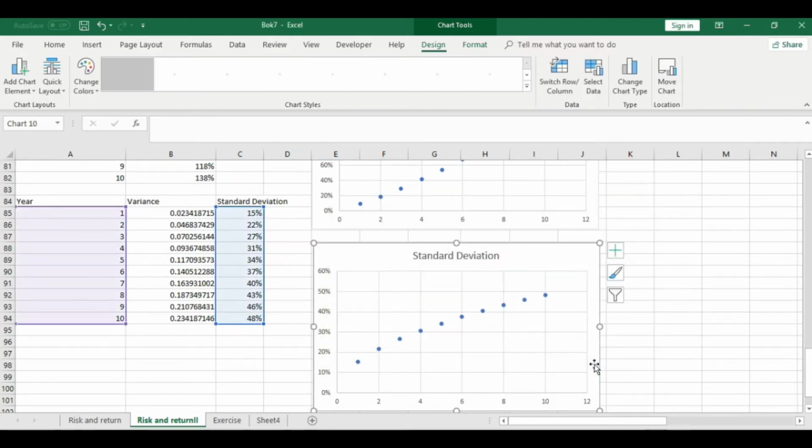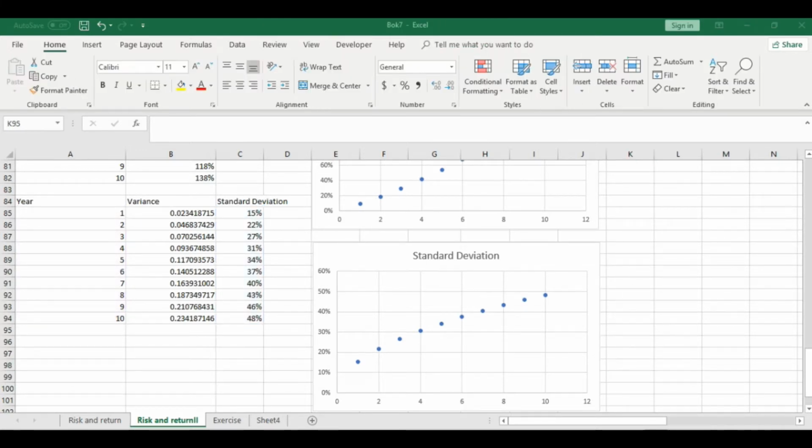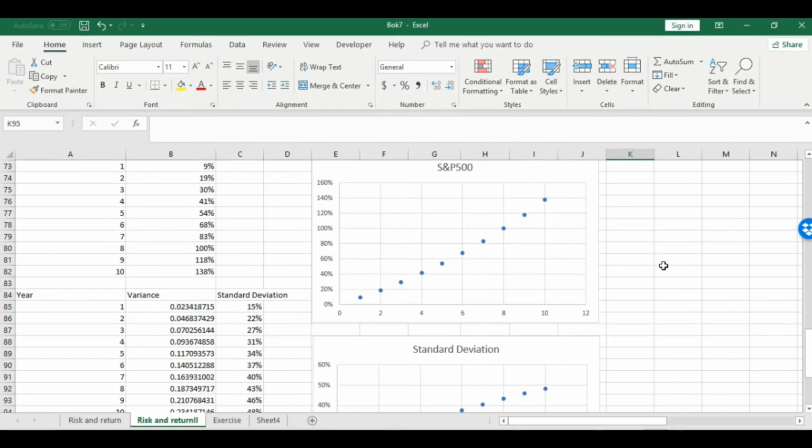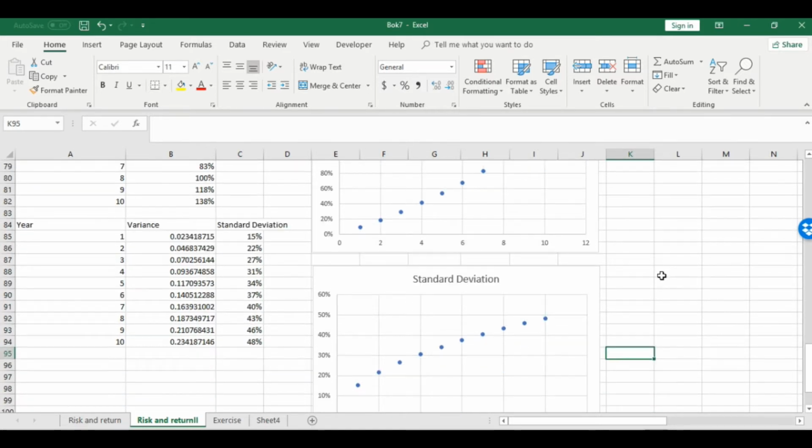Okay. As you can see, the standard deviation doesn't rise as sharply as the return the longer you hold the investment.